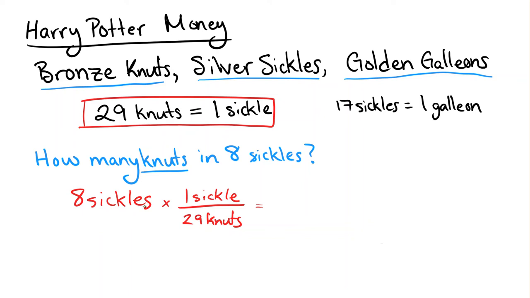So if sickles are starting at the top of a fraction, then we want to write sickles in the bottom. So 1 sickle is equal to 29 knuts. So sickles and sickles cancel out, and the only unit we're left with is knuts.